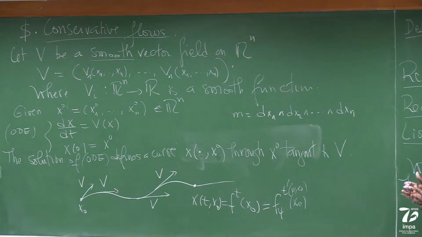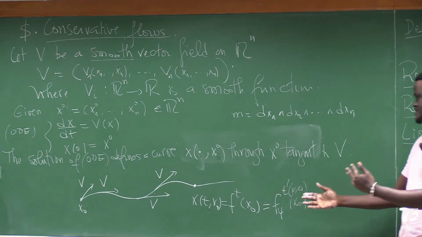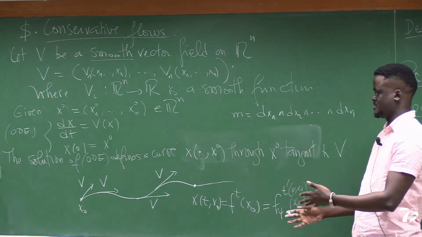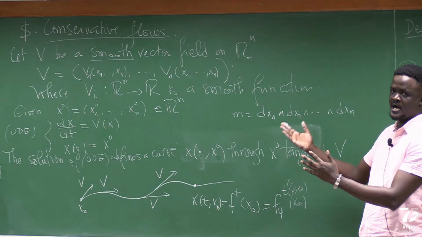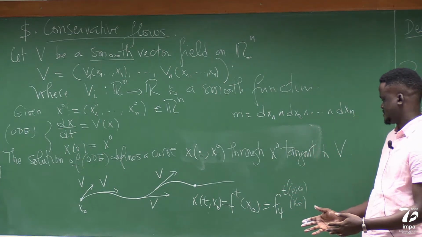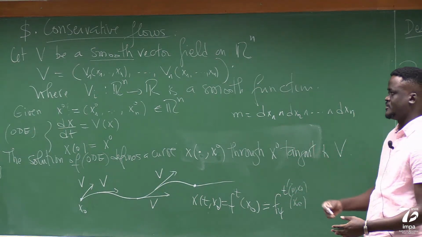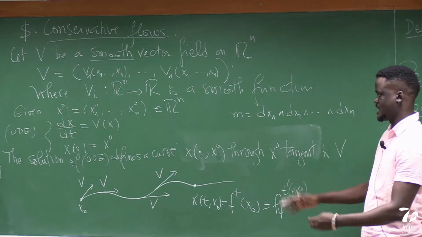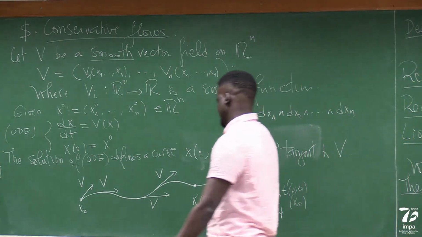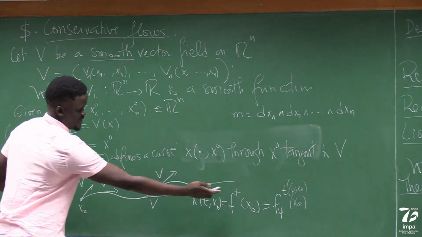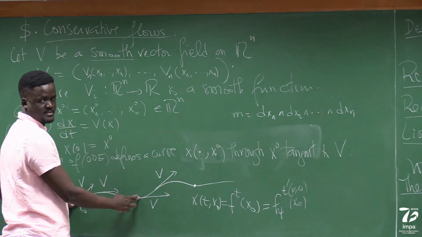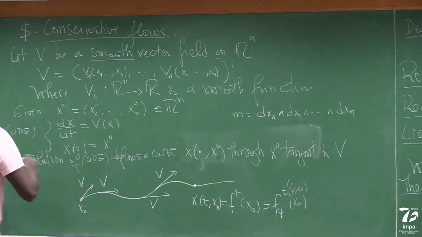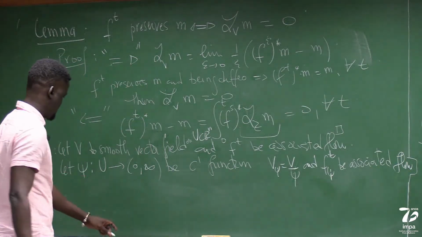You don't change the flow lines, you just reparameterize. It might go faster or slower: if you divide by something big, you slow it down. Like for time 1, the original flow can be here, but for time 1, the other one can be here, depending on phi, okay? So this is what these two flows are.